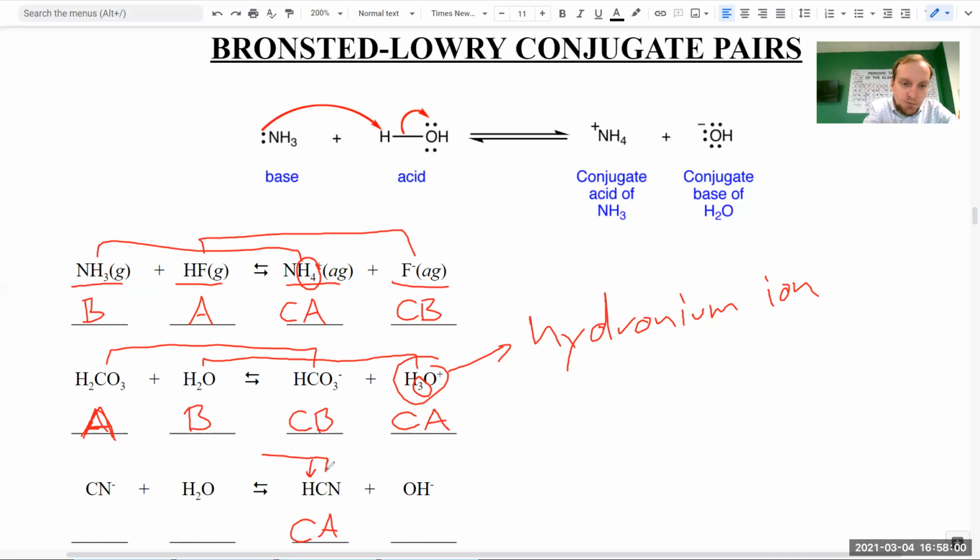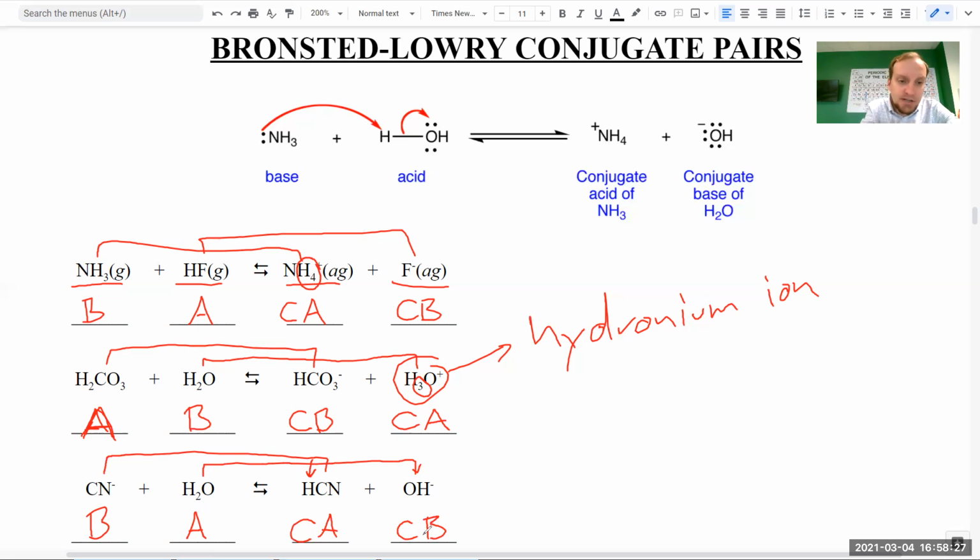And if this pairs with this, then this must be our base. Interestingly, water now must behave like an acid because remember, if we have a base, we must have an acid, because we have an acid and a base on both sides of the equation. And again, if that is an acid, then this one must be its conjugate pair, and it is. Notice it has one less H, therefore it's going to be the conjugate base of water.